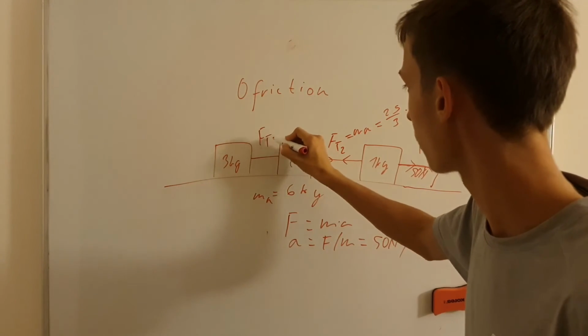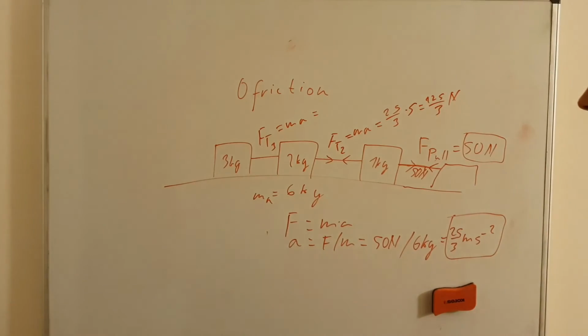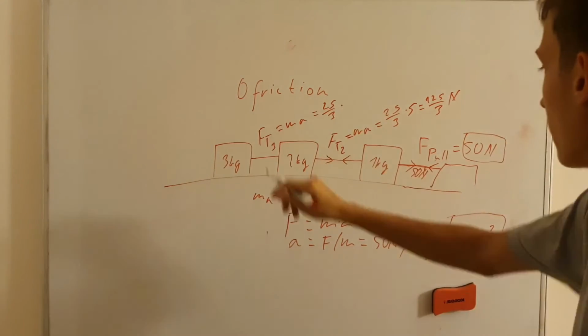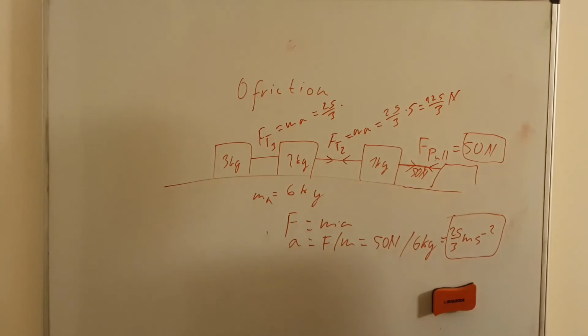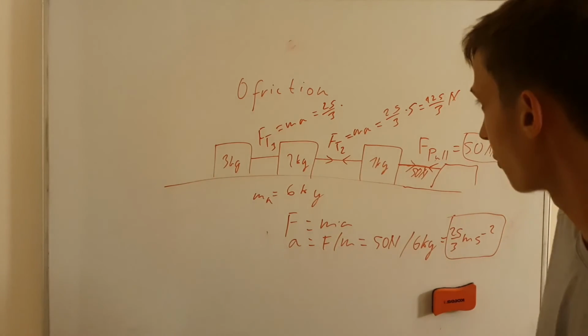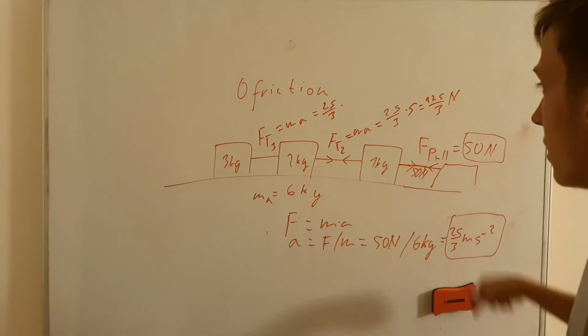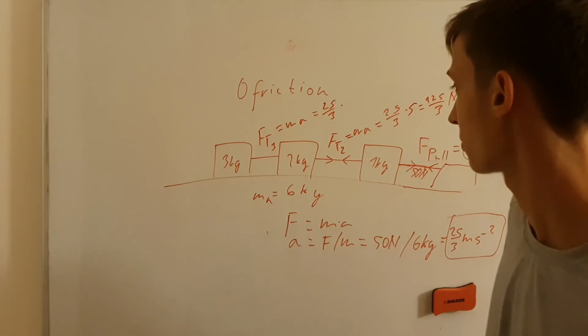Here, for FT3, let's say, again, it's m times a. But the m will be yet again different because a is still the same. The acceleration for the entire system, all these three things together, the common acceleration of all this together is 25/3 meters per second squared.